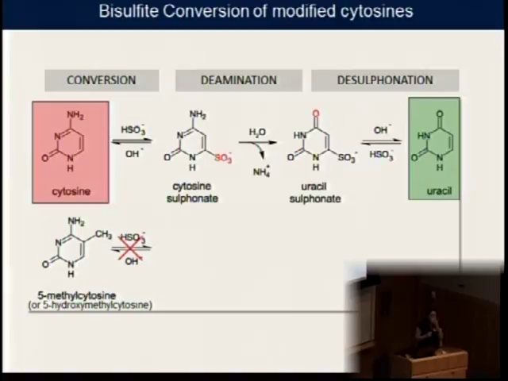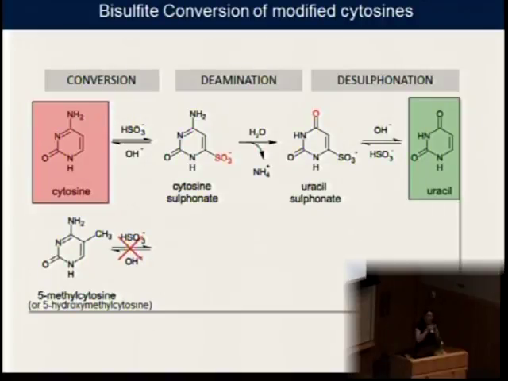The reason why we use bisulfite as a reagent in epigenetics is that when we expose cytosines to sodium bisulfite, an unmethylated cytosine will go through a deamination and desulfonation reaction until it converts into a uracil. So it loses the amino group, becomes a uracil. Methylated cytosines, and even hydroxymethylated cytosines, are resistant to this deamination process.